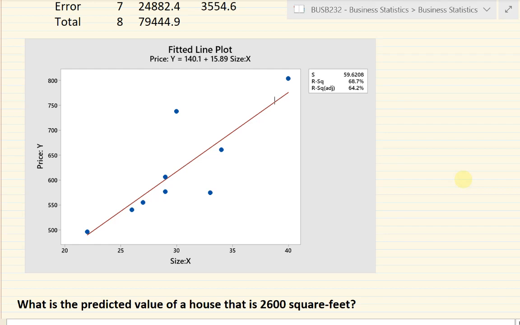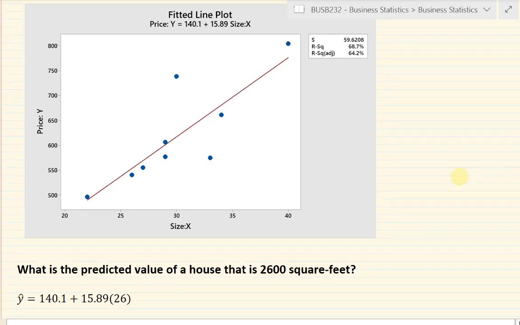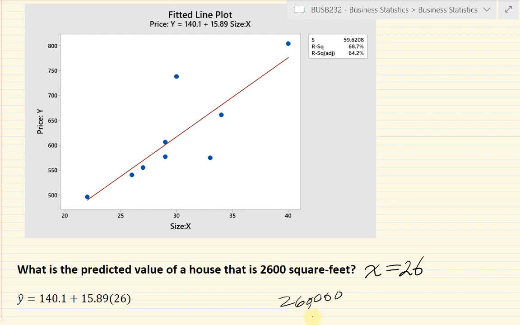So for a 2,600 square feet home, I have to put x as 26. Don't put 2,600 in our regression equation. Remember, the size is in hundreds of square feet, so that would be a home of 260,000 square feet. That's more of a warehouse, like an Amazon fulfillment center. It's not a house in that state.